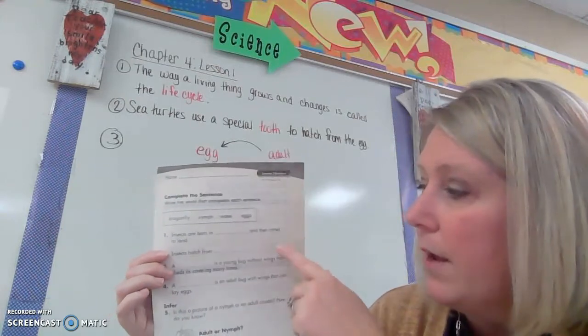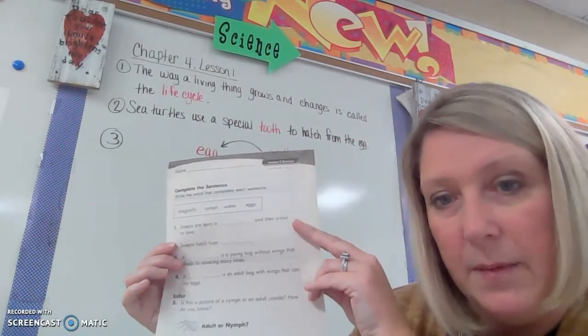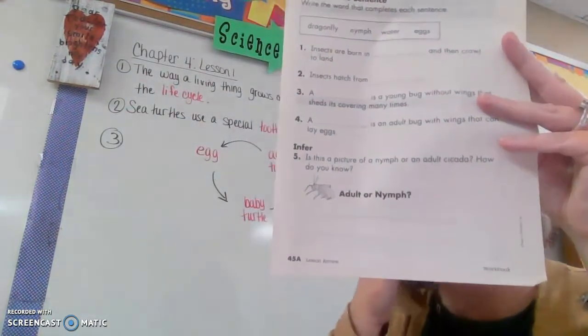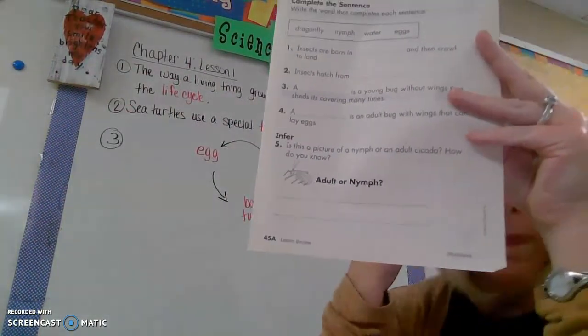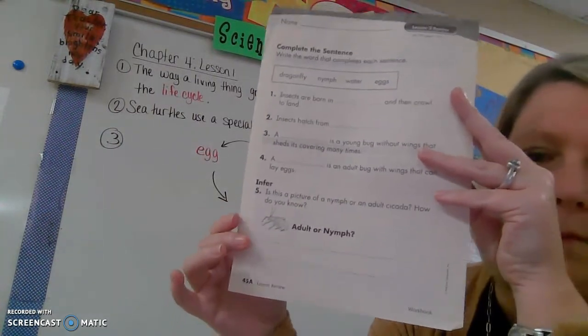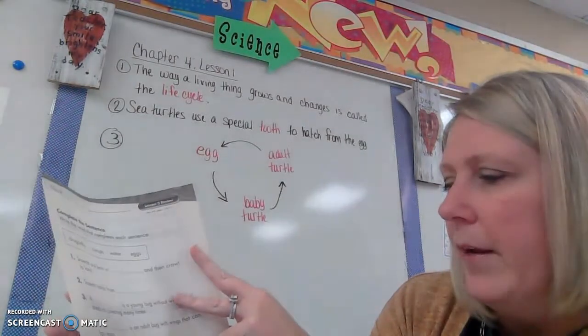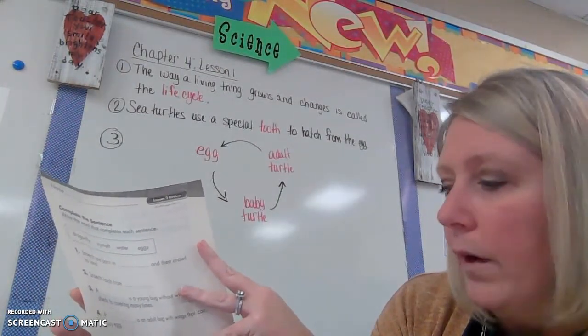All right, so the top is same as always. You're reading your sentence, and you're choosing the word that's going to complete your sentence. But down here on the bottom, okay, I'm going to help you out with this one a little bit because it's a little hard and it's a little tricky. Okay, so look at number 5. Is this a picture of a nymph or an adult?